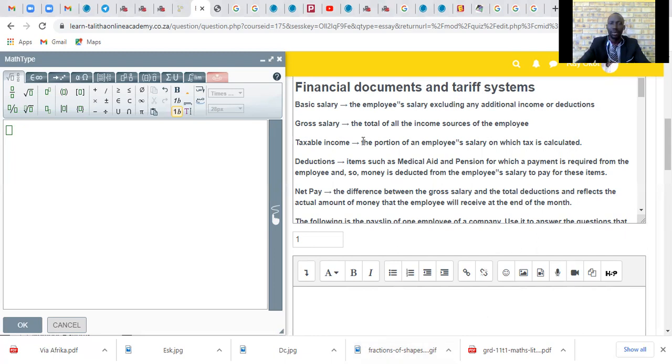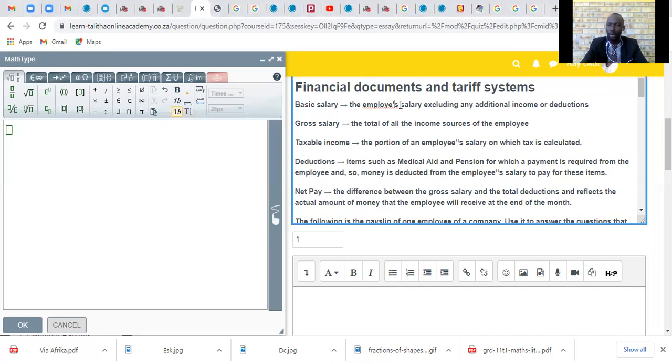So the first term that we would like to look at is called basic salary. Basic salary refers to the employee's salary, excluding any additional income or deductions. For example, if you have a job that you're doing, your basic salary is the actual amount of money which you receive notification for.